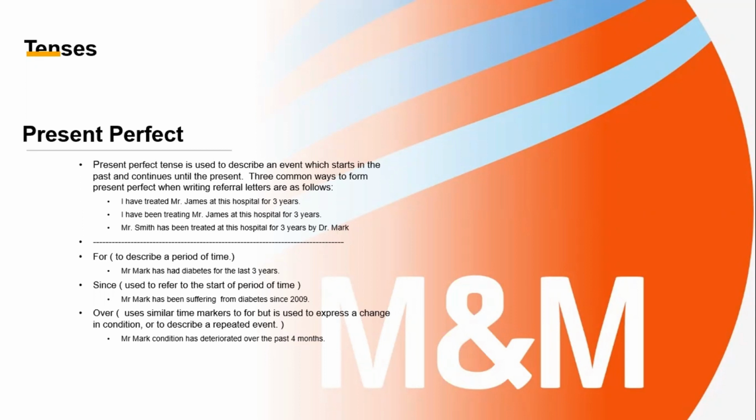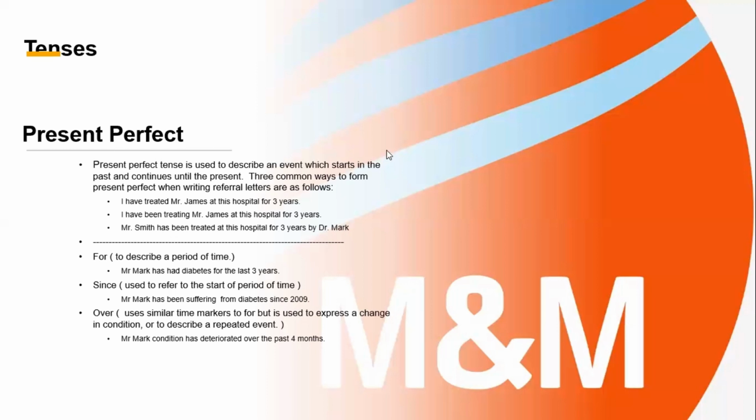And whenever we have a period of time where the start of the period is mentioned, we can use since. And if we have a period of time that explains the repetition of the event or the progression or change in condition, we can use over with that. Let's say over a period of 3 months, 2 weeks, 3 weeks.